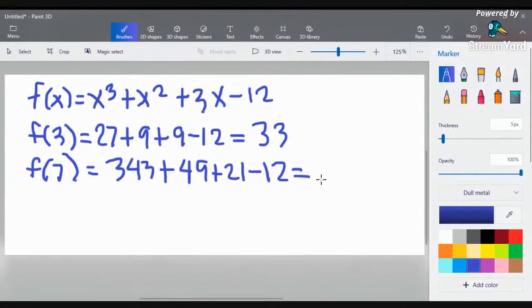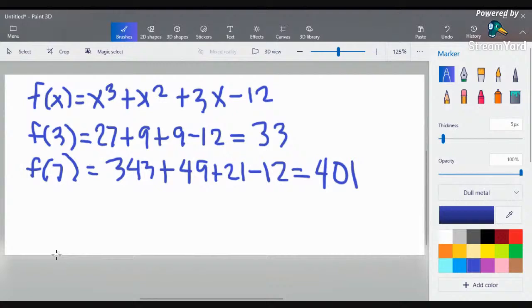So the answer is 343 plus 49 plus 21 minus 12. The answer is 401. Okay, so that will be the answer for f of 7.